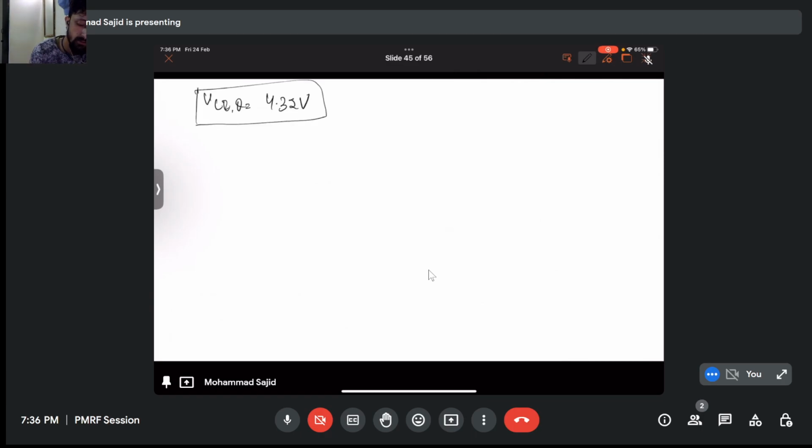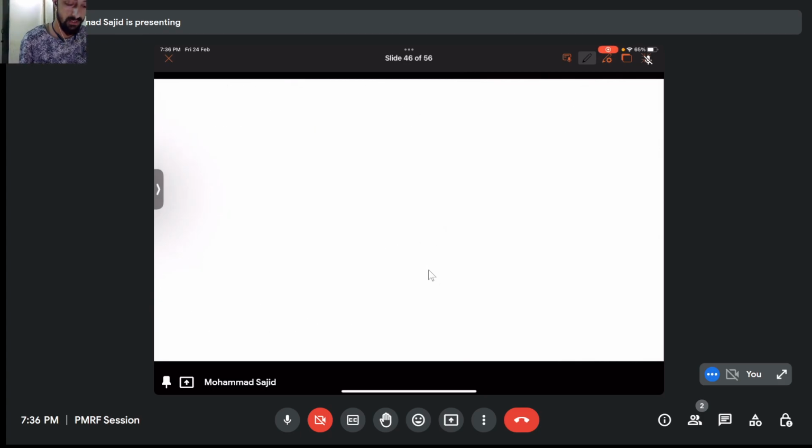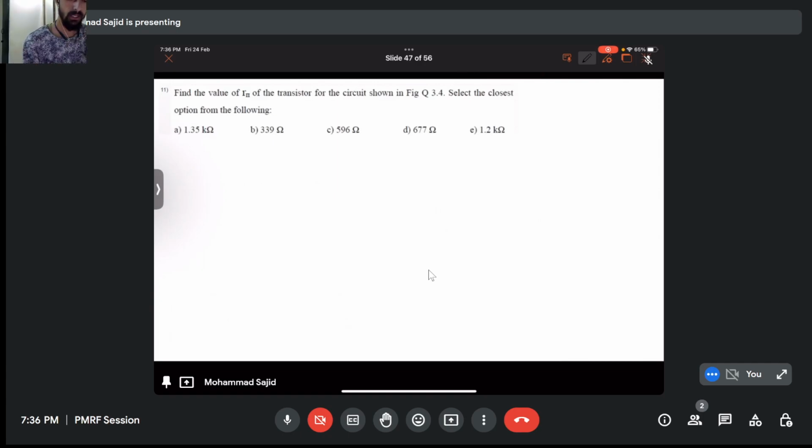Like I said, you go through the options again, that is 4.32. This is good, right? You can always use it. Moving to the next part. Again, we have to find our pi, that is the internal resistance from base to emitter.